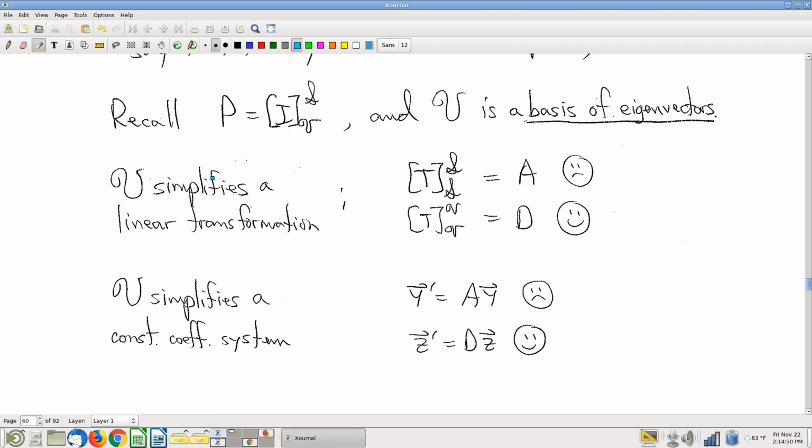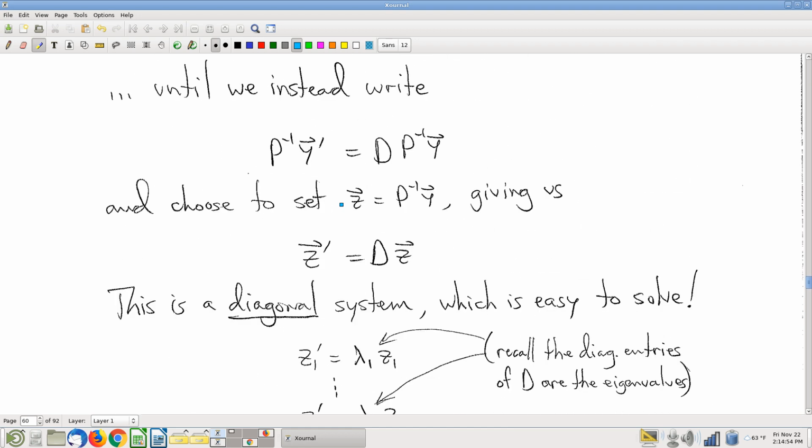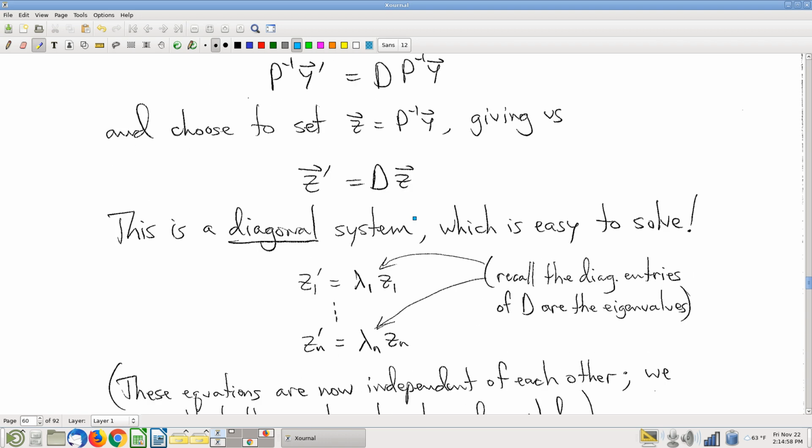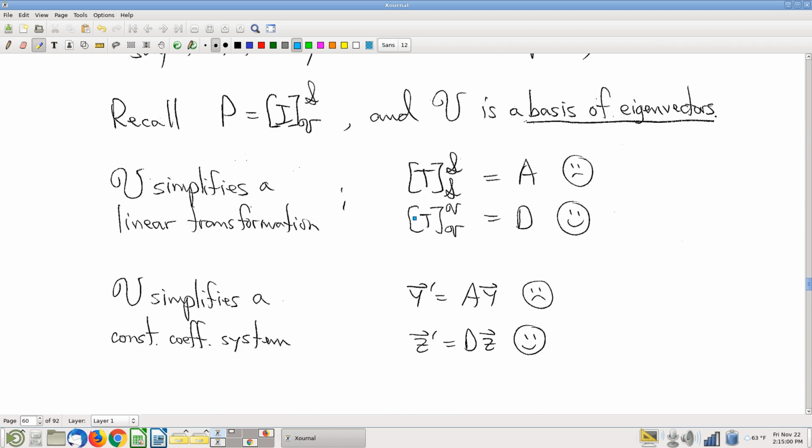Last observation I want to make, real quick before we go on. Let's see here. So Z is P inverse Y. Let's come down to here. Z is P inverse Y. That means that Y is equal to PZ. And let me get this out of the way now.